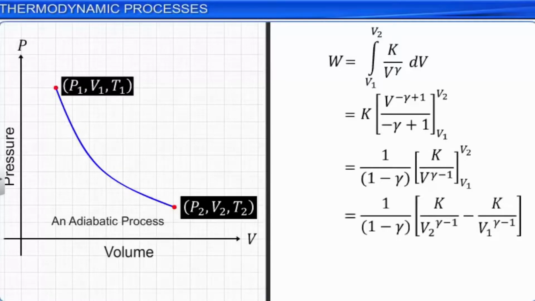But P1 V1 to the power of gamma is equal to P2 V2 to the power of gamma is equal to K.